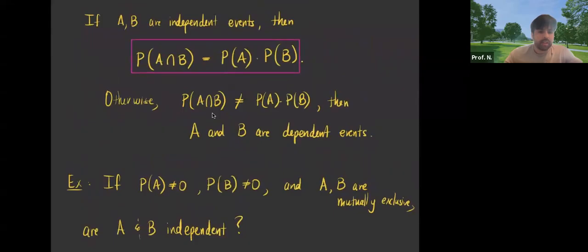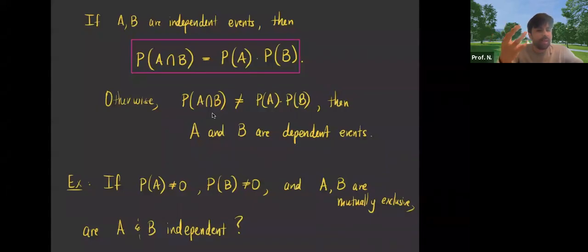Well, for now, Alexandra, take it as a definition. We define events to be independent if the product of their individual probabilities equals the probability of their intersection.